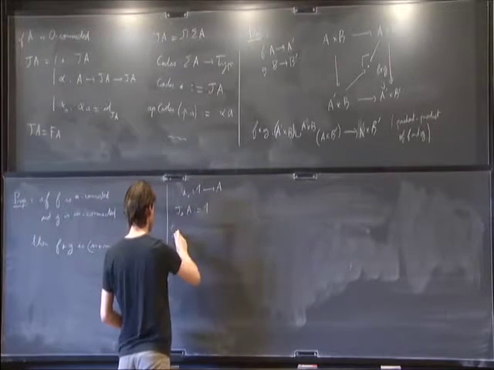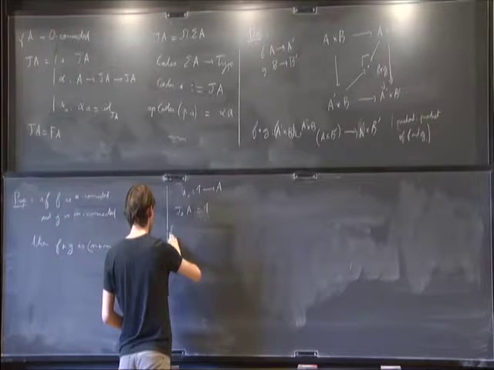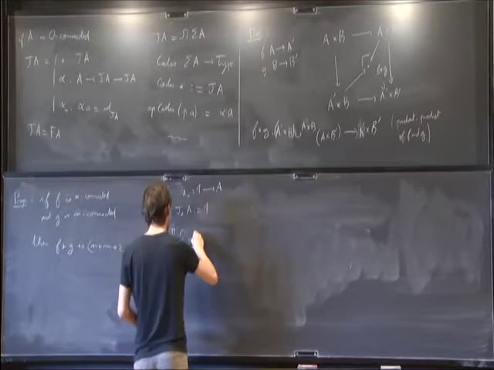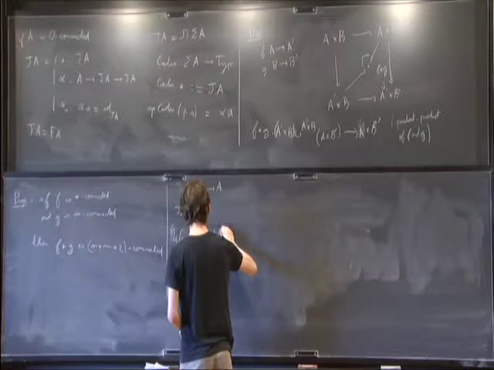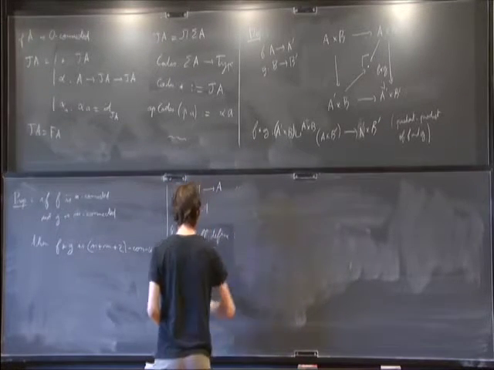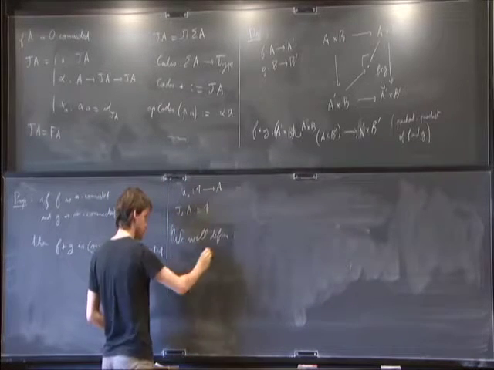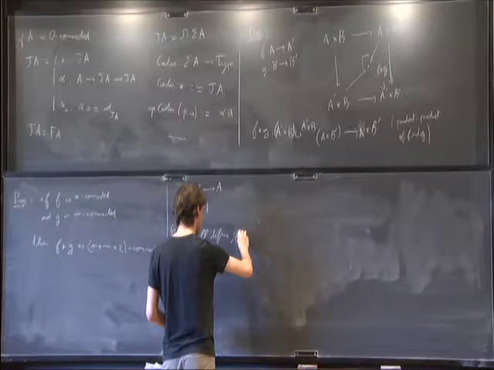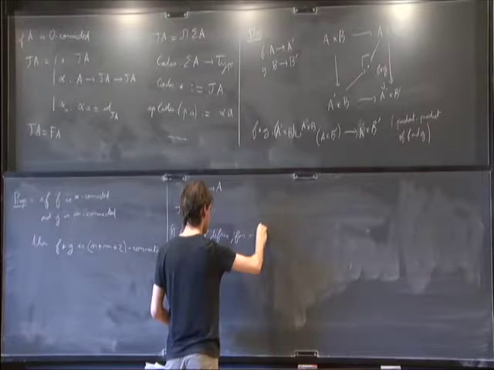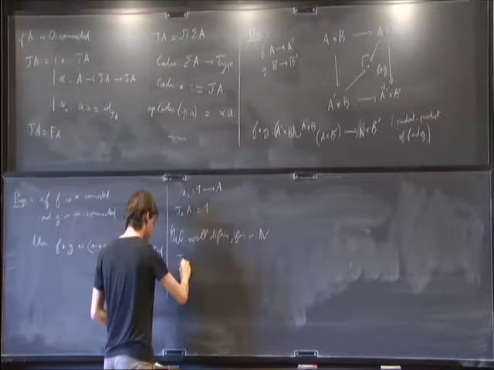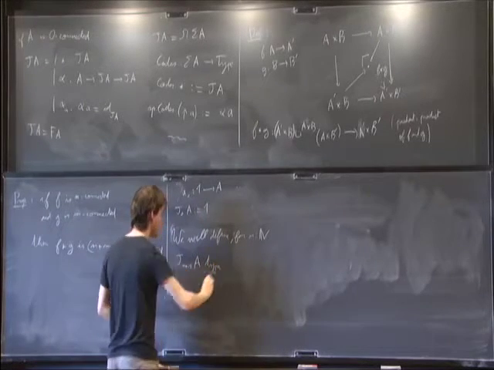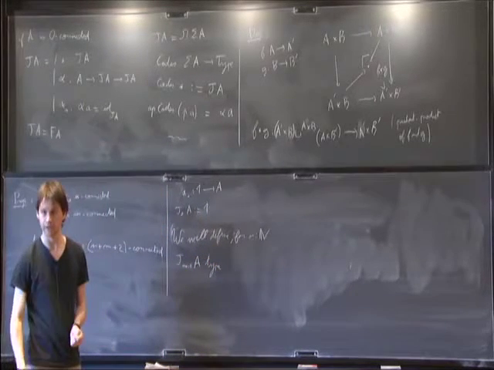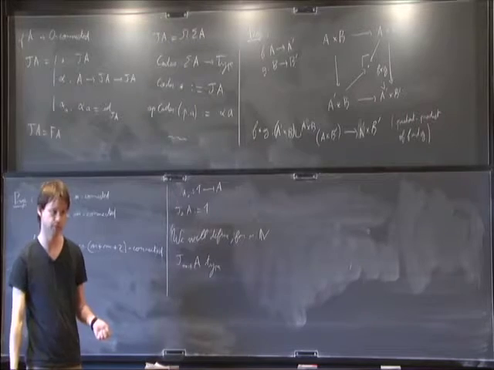And so we will define the following. For n in N, we'll define a space J n plus 1 of A. So we'll define it by induction on n.